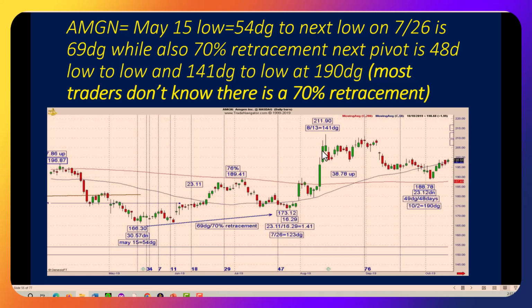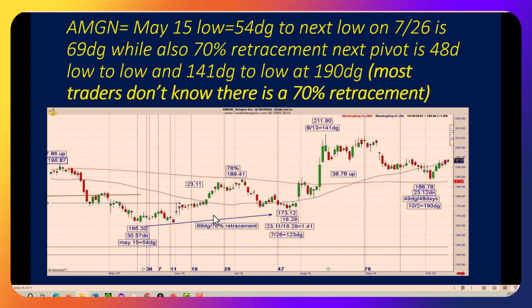Now look where this peak is. On August 13th. What is August 13th? I already told you that August 16th is the 144 DG day of the year. Well, August 13th is 141, which matches this. Now do you understand why I tell you how it's embedded in the pattern the way it does?